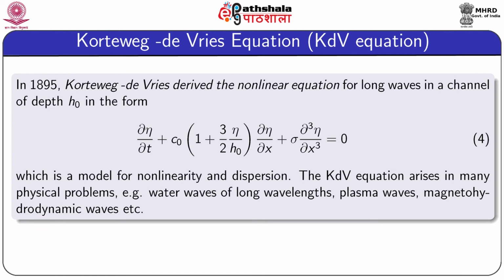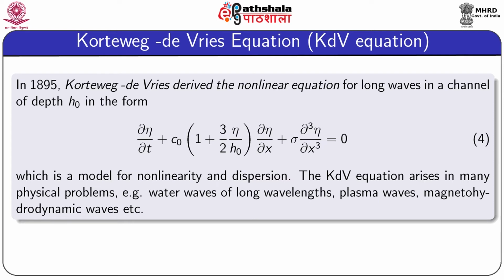In 1895, Korteweg and de Vries derived the nonlinear equation for long waves in a channel of depth h0, and that nonlinear equation is given by del eta del t plus C0 (1 + 3/2 eta/h0) del eta del x plus sigma del cube eta del x cube equals 0.